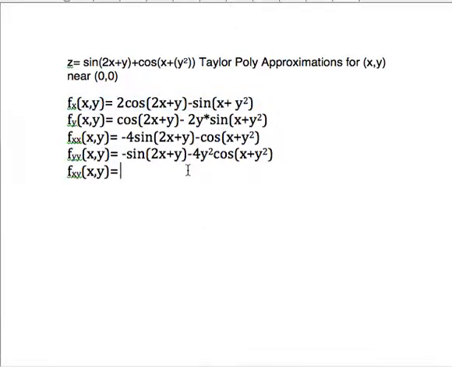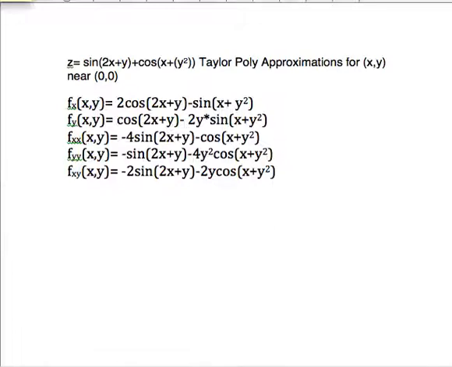That is going to be, so we have 2 cos 2x plus y. So the derivative for y is 1. So we're going to have negative 2 sine 2x plus y minus, and we're going to do the derivative of y squared, which is 2y, and sine is cos. So 2y cos x plus y squared.